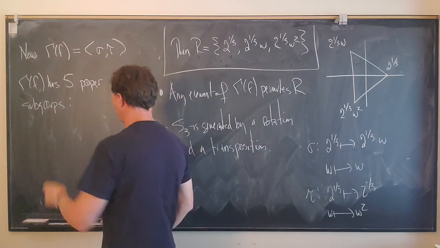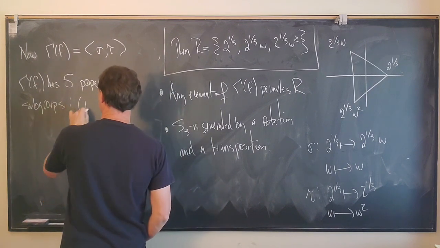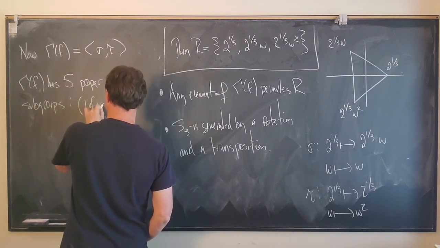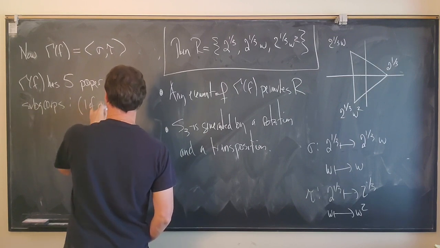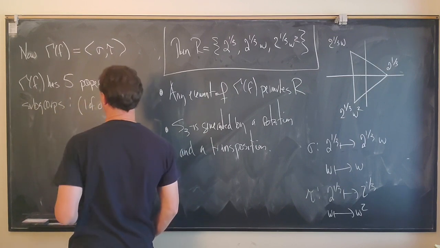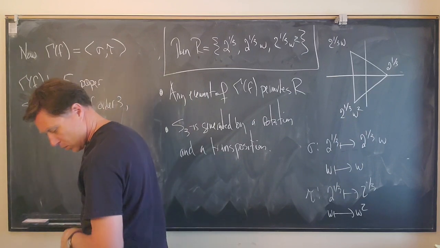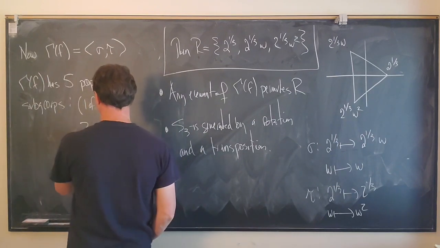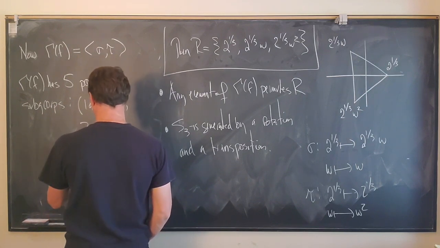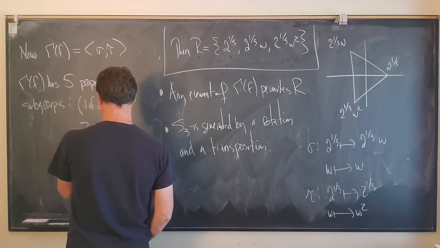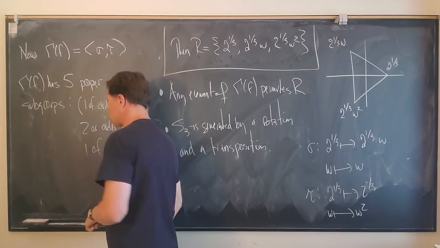Here they are in terms of order: there's one of order 3, 3 of order 2, and 1 of order 1, the trivial subgroup.